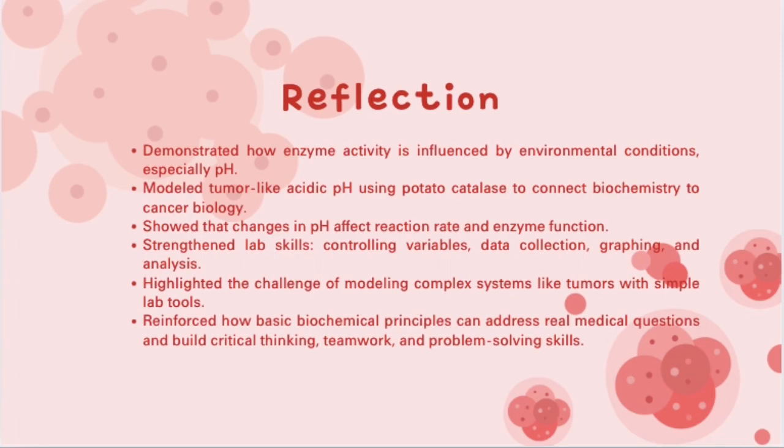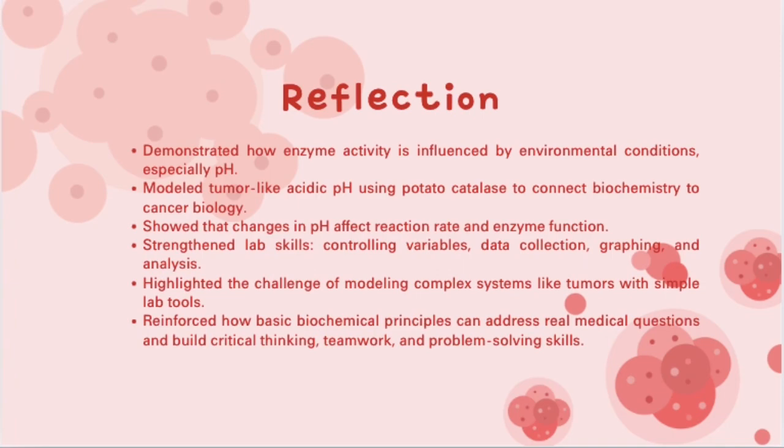Next, for our reflection. This project helped us better understand how enzyme activity is affected by environmental conditions and how this concept connects to real-world cancer biology. By modeling tumor-like acidic pH using a potato catalase experiment, we learned how changes in pH can significantly influence reaction rates and enzyme function.